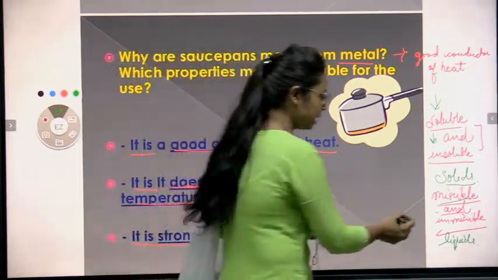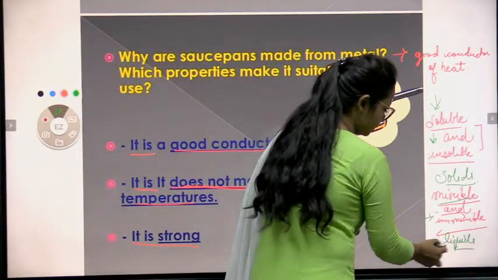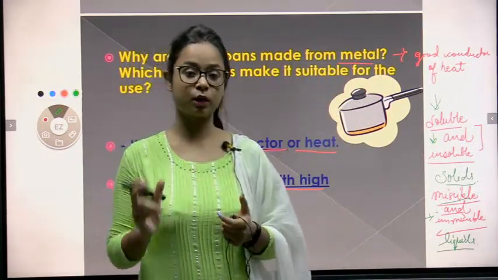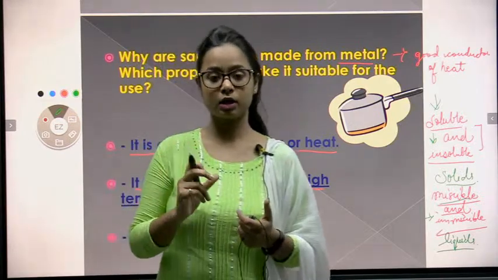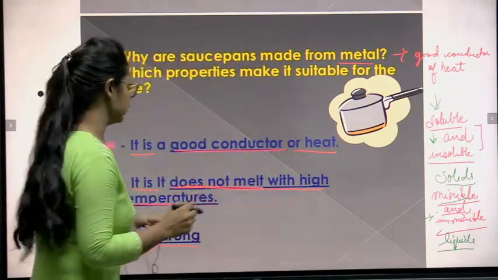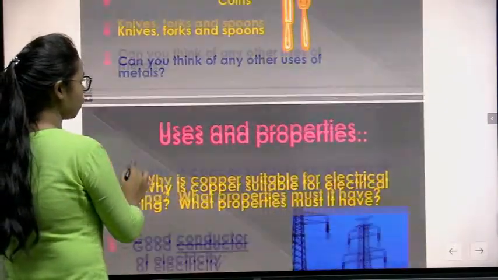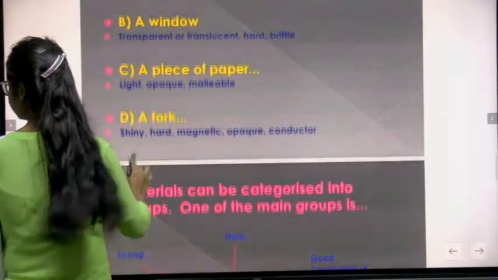So they are called immiscible liquids. Clear? So immiscible and miscible terms are used for liquids, and soluble and insoluble terms are used for solids. Clear? So I guess this topic is clear to all of you. Okay?